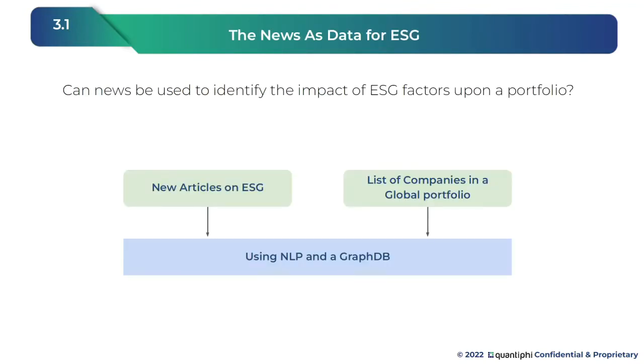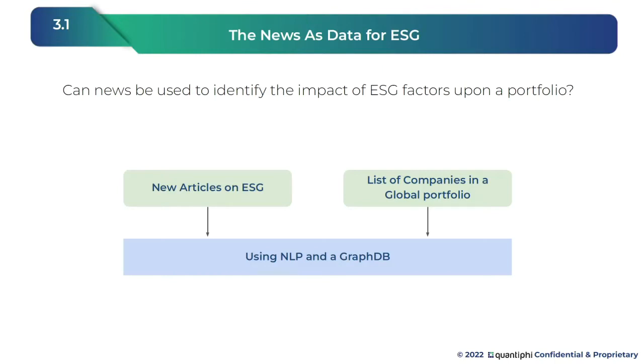The question they wanted to answer with visibility to that data was, can news be used to identify the impact of ESG factors upon a portfolio? So they had two main things going for them. One was the news articles on ESG, which they could categorize, and then the list of global companies in their portfolio that they were trying to understand better.